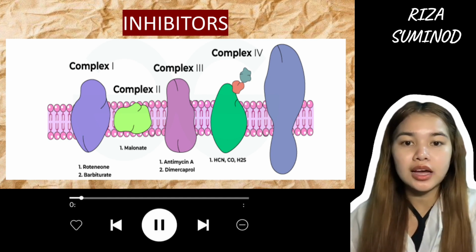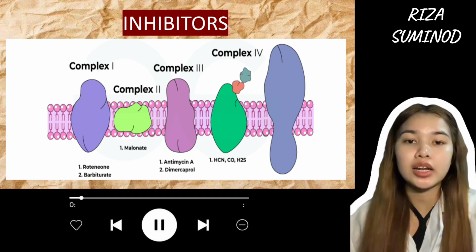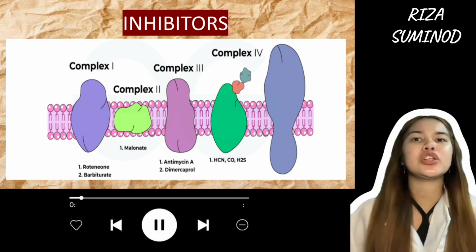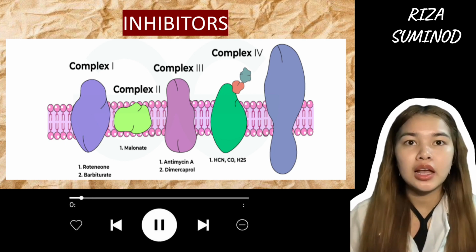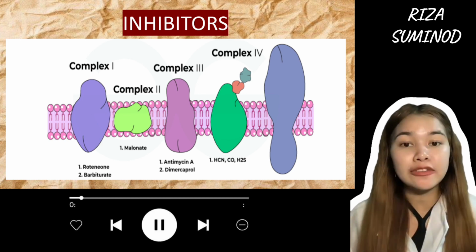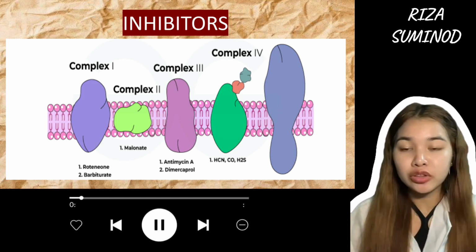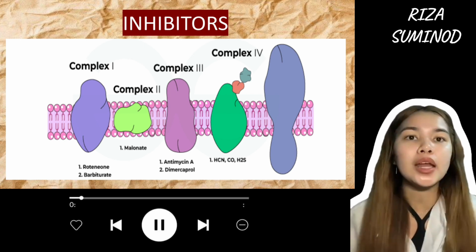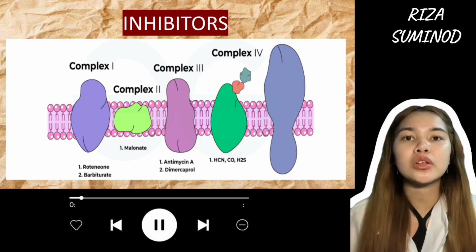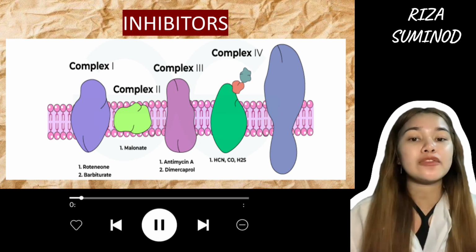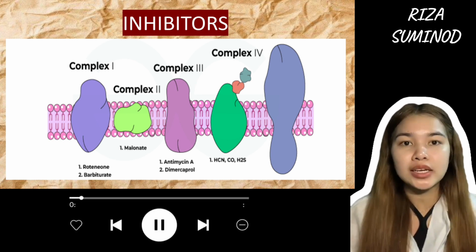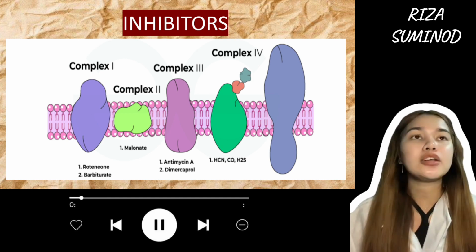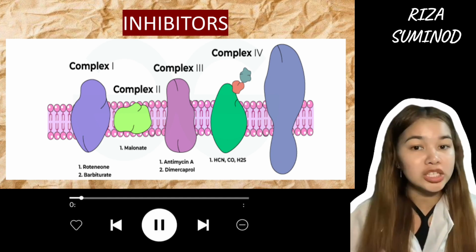So the third is the uncouplers of oxidative phosphorylation. They dissociate oxidation from phosphorylation, and these uncouplers are toxic lipophilic compounds which readily diffuse through the mitochondrial membrane, and they make the mitochondrial membrane permeable to protons. Because of this, it prevents formation of the proton gradient. The energy produced by transport of electrons is released as heat, which is not ATP.